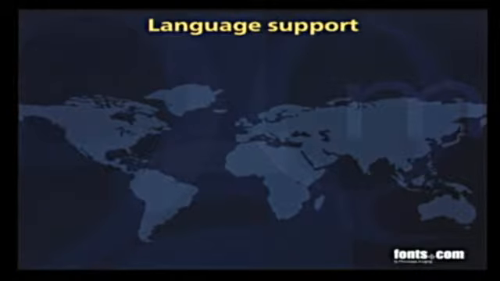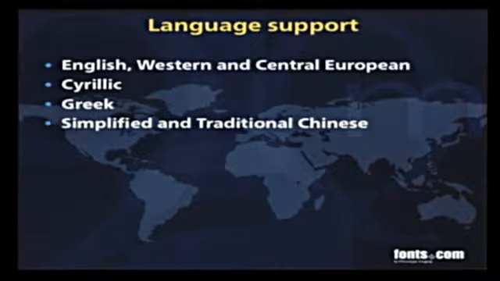Language support, I mentioned that earlier. Out the door, we're going to be supporting English, Western, Central European languages. That's kind of a no-brainer. Cyrillic, Greek, simplified and traditional Chinese. Let me take a quick second to talk about that for a minute. I mentioned that these are huge files, 60,000 glyphs in some of these languages.